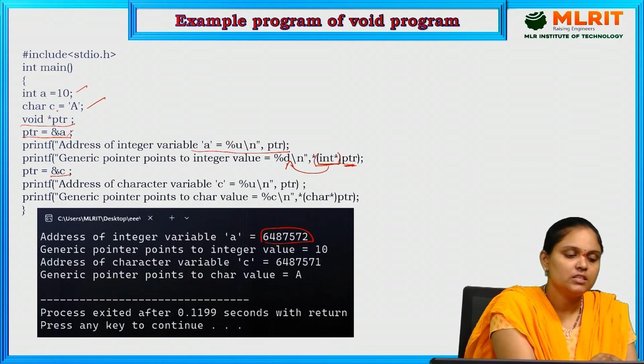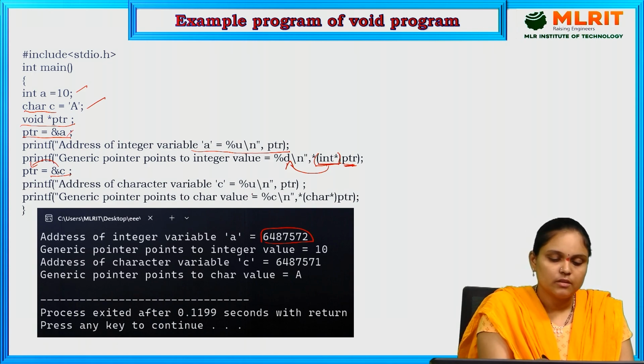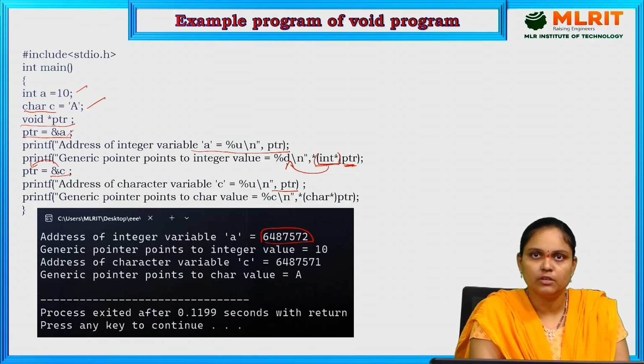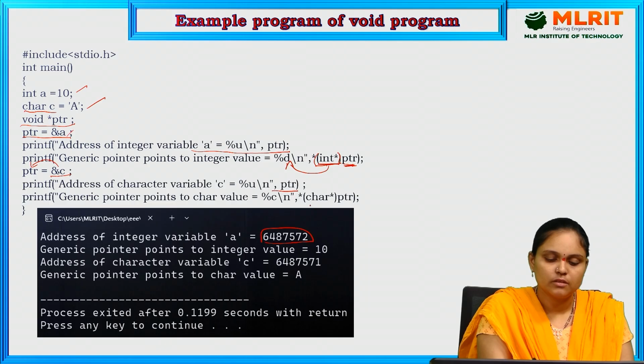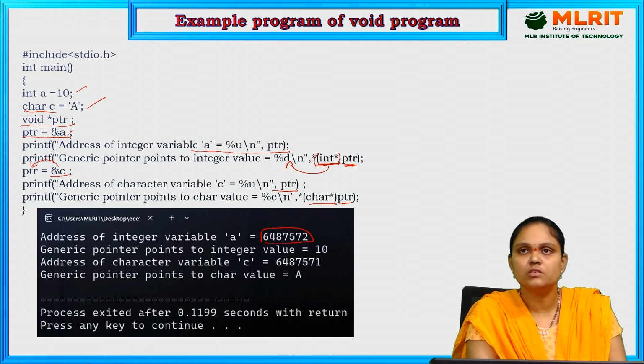In the next statement, we take the address of C. The C data type is character. The character address we assign to the pointer variable, and next we print that address of that particular variable. Then we convert this void pointer to a character pointer by using the typecast operator.